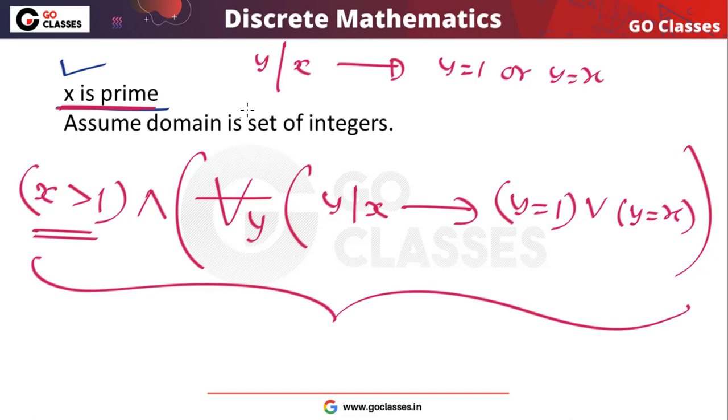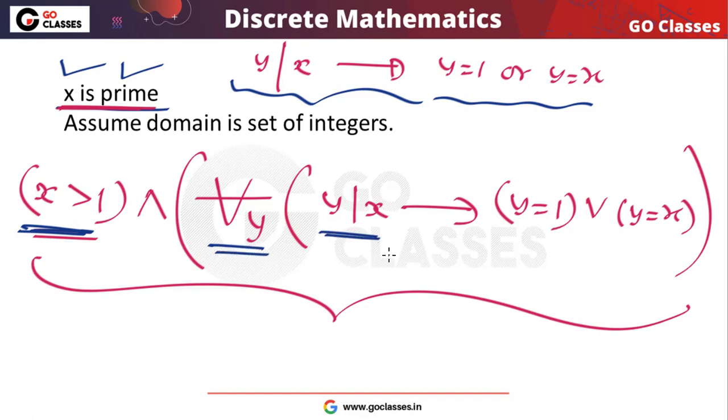The definition of prime number that we know, we are just writing it. X is prime means it must be greater than 1, because 1 is not a prime number. And for all y, if y is dividing x, then this y must be 1 or this y must be equal to x, correct? So this is the mathematical expression for the definition of prime number.